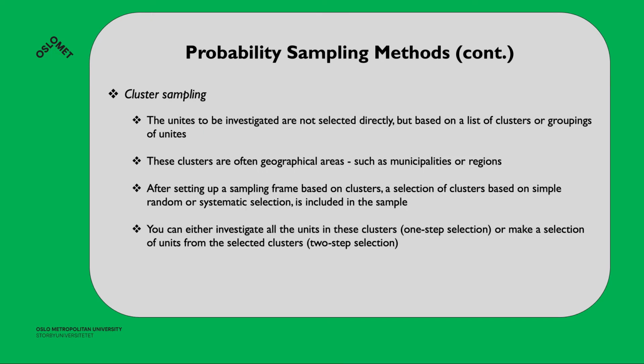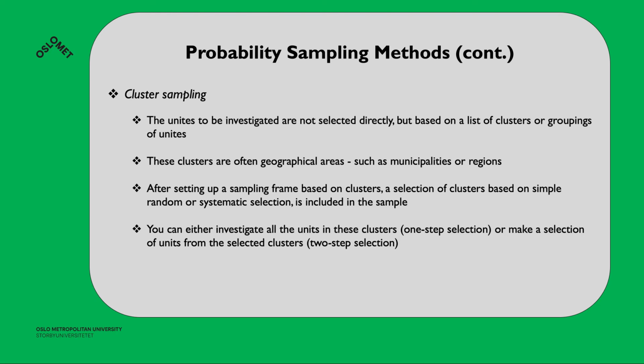You also have something called cluster sampling, and that's when the units to be investigated are not selected directly, but based on a list of clusters or groupings of units. And these clusters are often geographical areas, such as municipalities or regions.